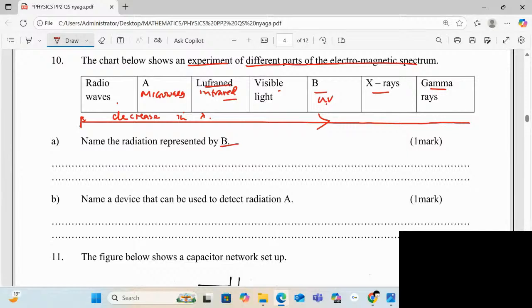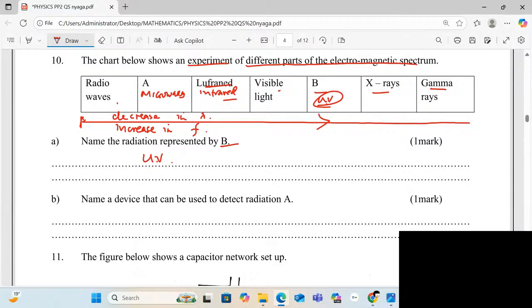And still in the same direction, we have an increase in frequency. So we are having this one as UV radiation.